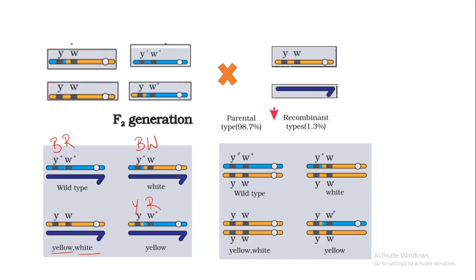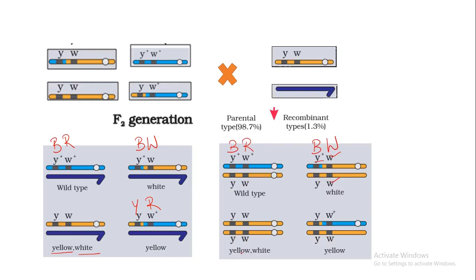In the female generation, you will be getting Y plus. So with Y plus and Y, Y plus is dominant, so I will be getting a brown body and red eye fruit fly. And here it will be brown body and both small w, so you are going to have a white eye fruit fly.